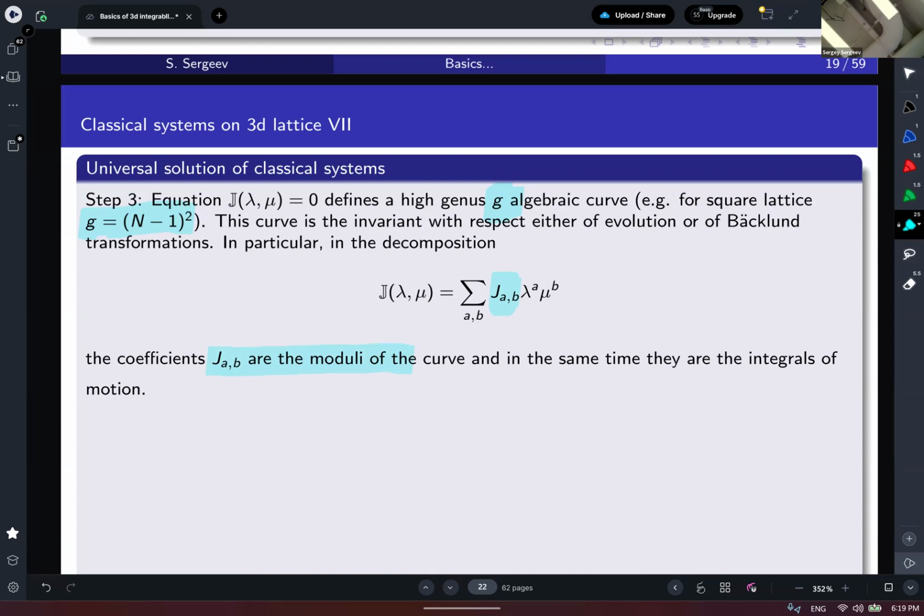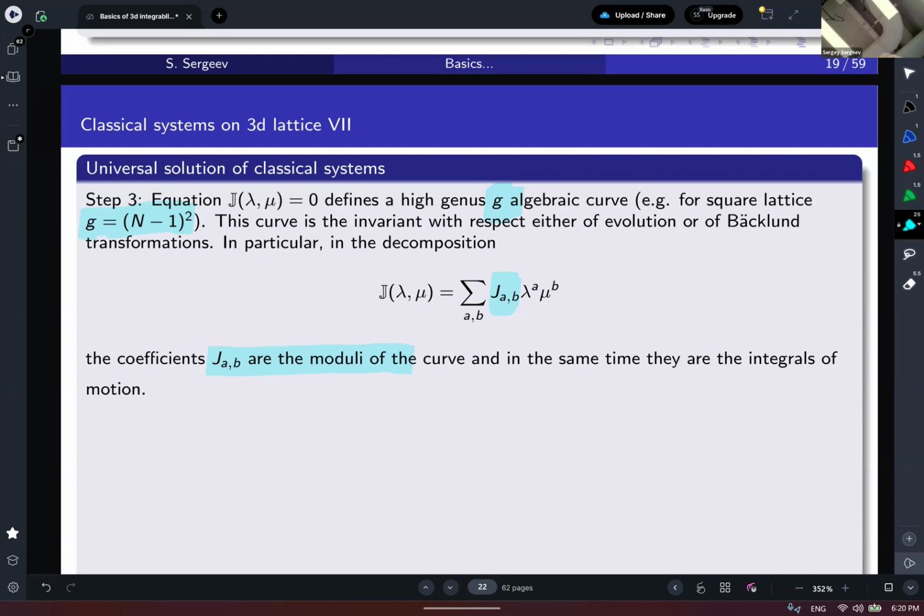And moreover, remember that in the past, we observed that all our maps corresponding to zero curvature representation preserve some Poisson brackets. So they are canonical maps. And in all this stuff, you can also verify by hand that moduli of the curve, first of all, are in involution with respect to the Poisson brackets provided.